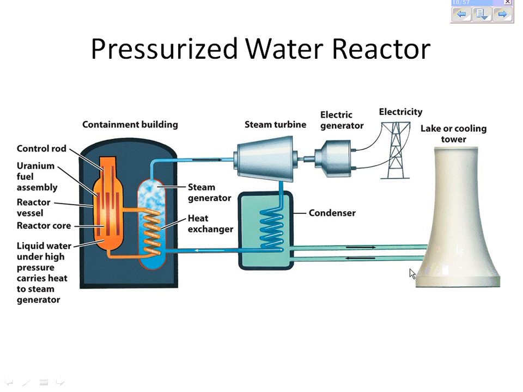Remember that none of these circuits overlap, so the water that's leaving the nuclear power plant in the tertiary circuit is not radioactive. There's no radioactive isotopes associated with it, but that water is going to be removed, and there may be a cooling tower.